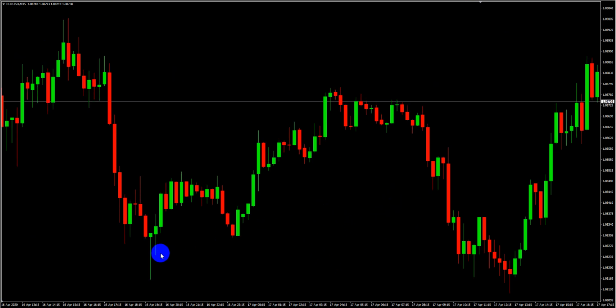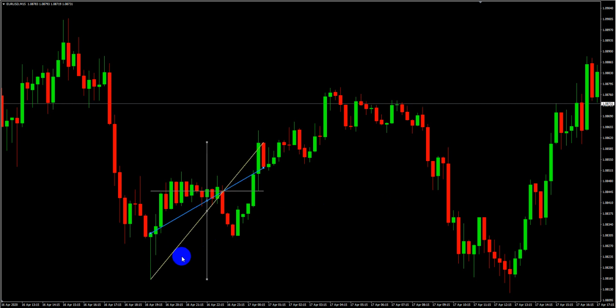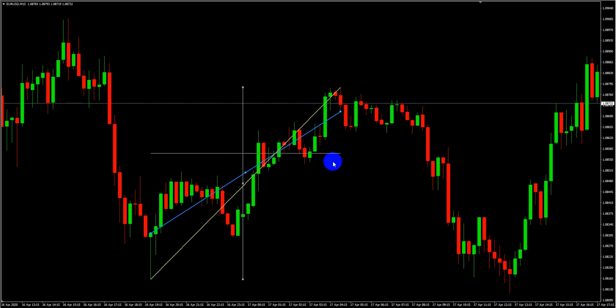Let's take a look at the situation where we're gonna click right there, and we're gonna drag this to the highest candle, which is probably this one, yeah. And you see that the cross price is right there.